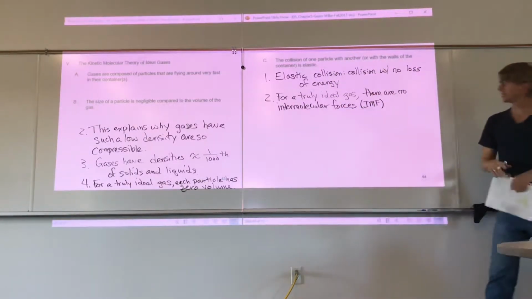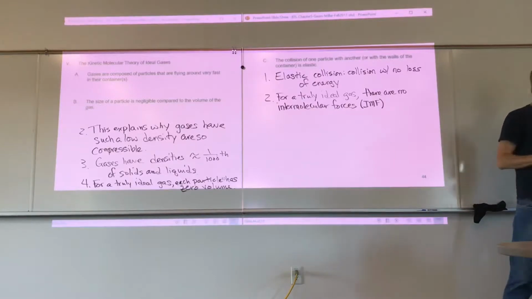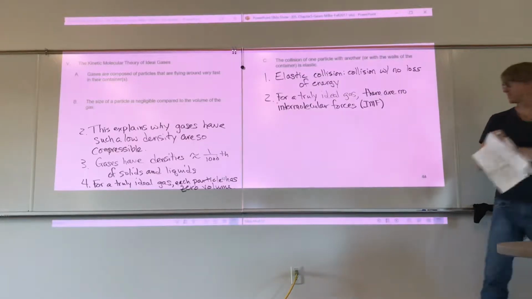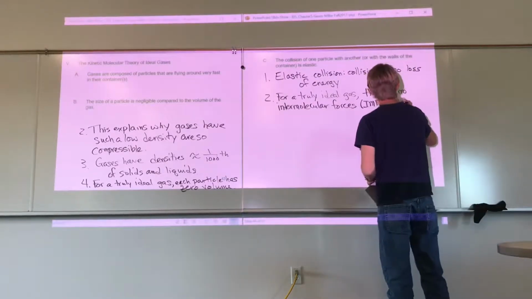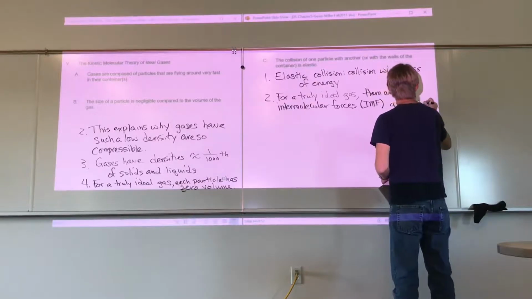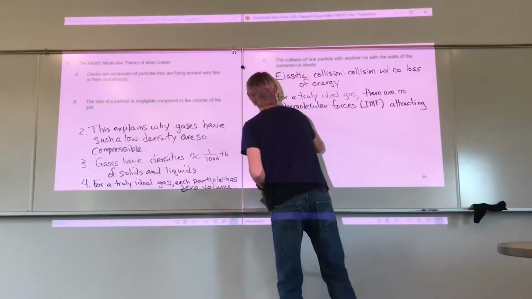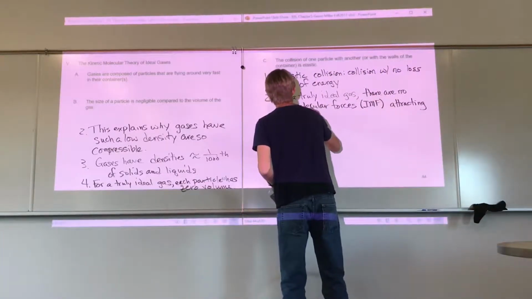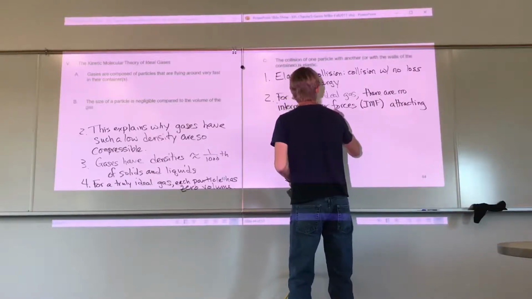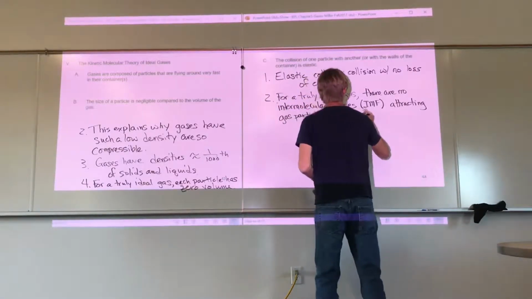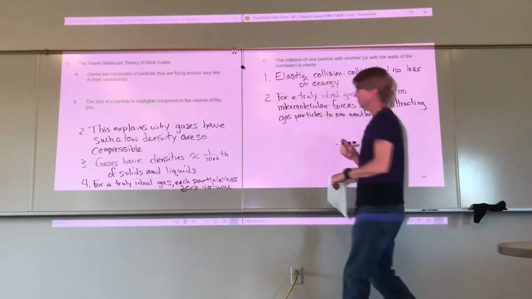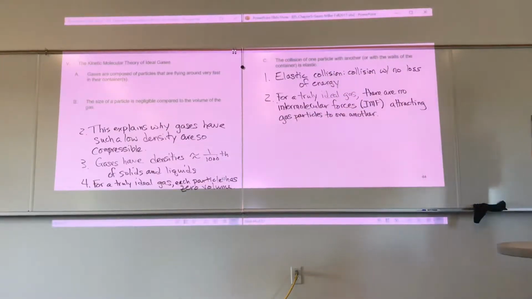For a truly ideal gas, there are no intermolecular forces attracting gas particles to one another. For a truly ideal gas.